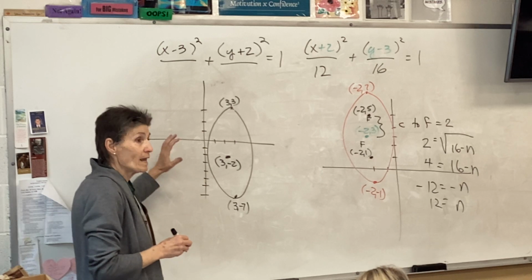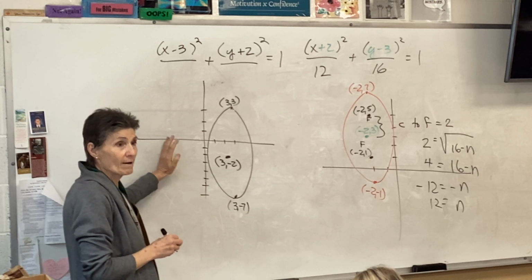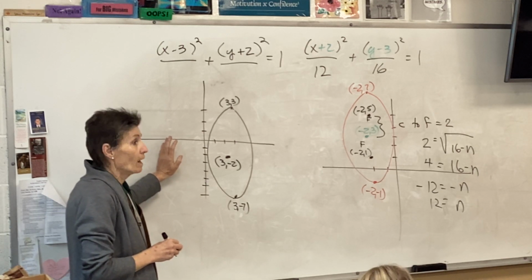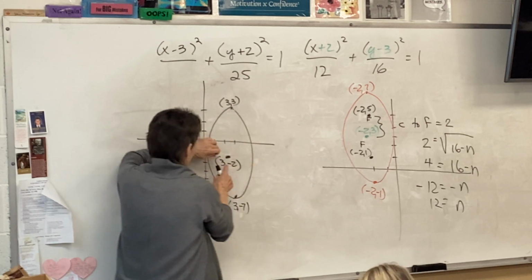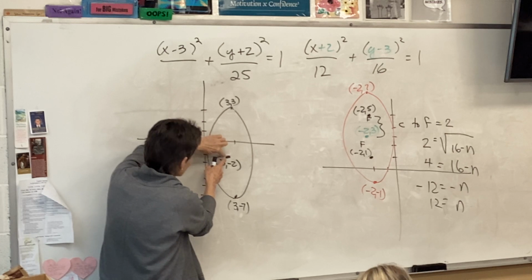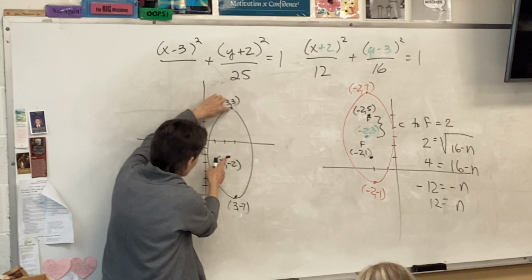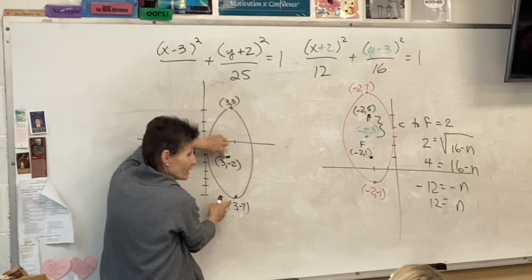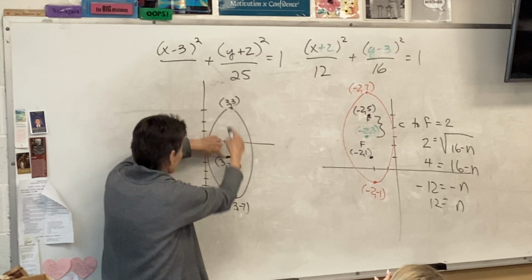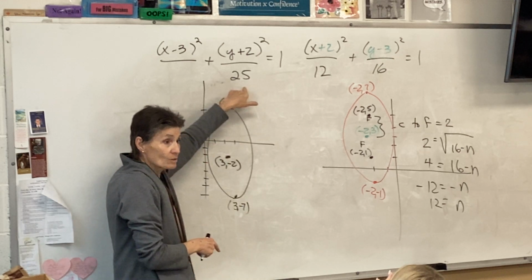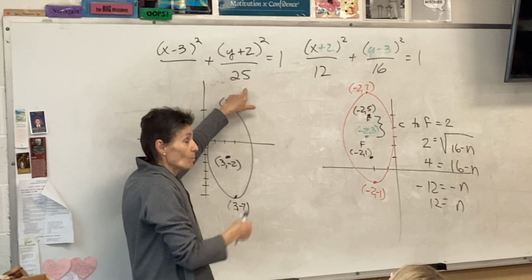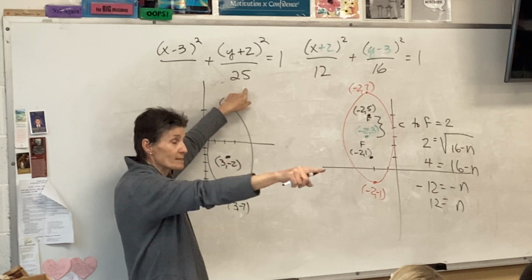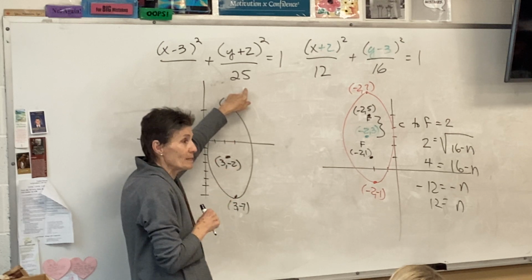Now, do I know anything else from what I have drawn so far? Under y has to be a 25, because how far is it from the center up to here, or from the center down to here? 5. And if that's 5, that's got to be a 25. Right? So when I first drew this up here and I asked Leslie, does this give us anything we need to know?